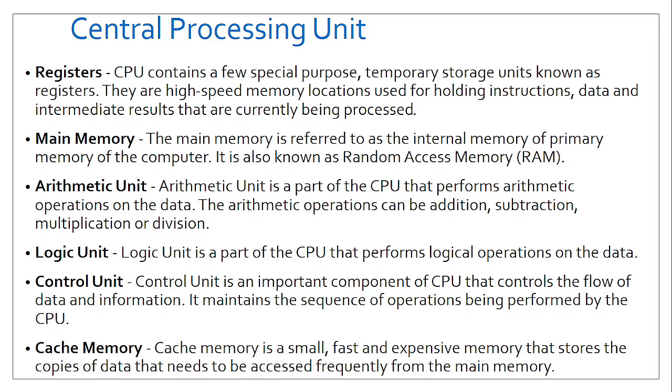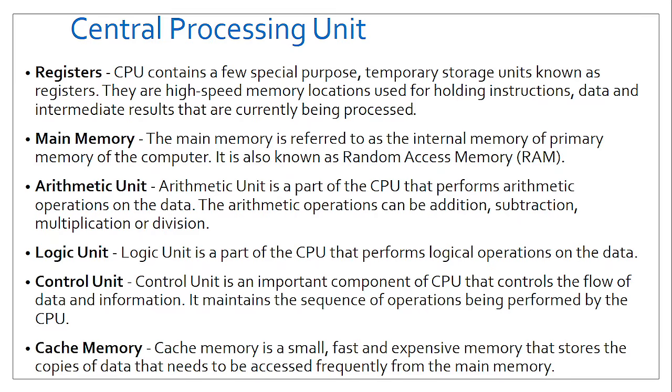You also have the logic unit, which represents the way the CPU logically does its function. For example, if it wants to compare some operations or parameters, it uses comparison factors such as greater than, equal to, and so on. Those are the logic unit.